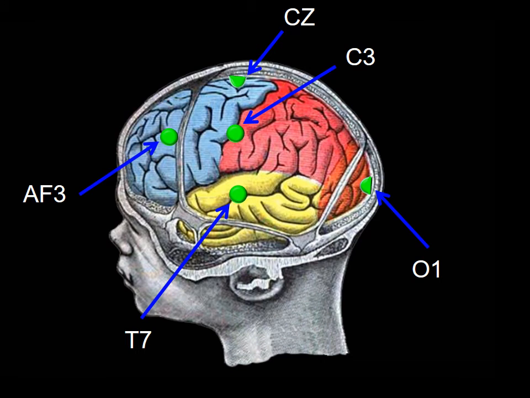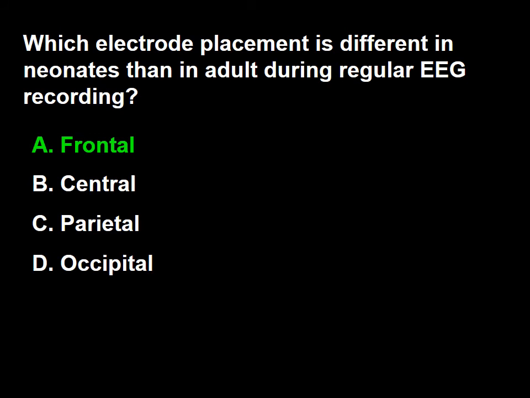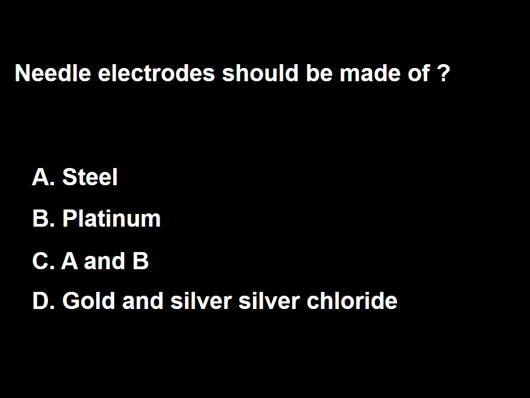Electrodes in this site are further from each other, which is desirable, but usually the left anterior frontal electrode is very vulnerable to cardiac artifact. So the answer to this question is A.